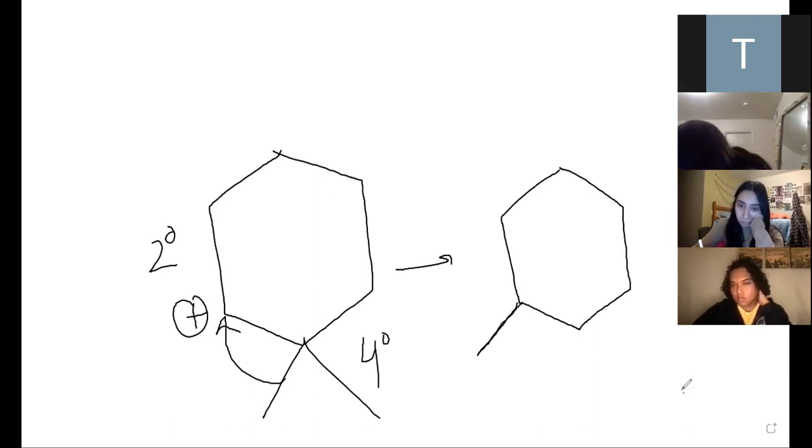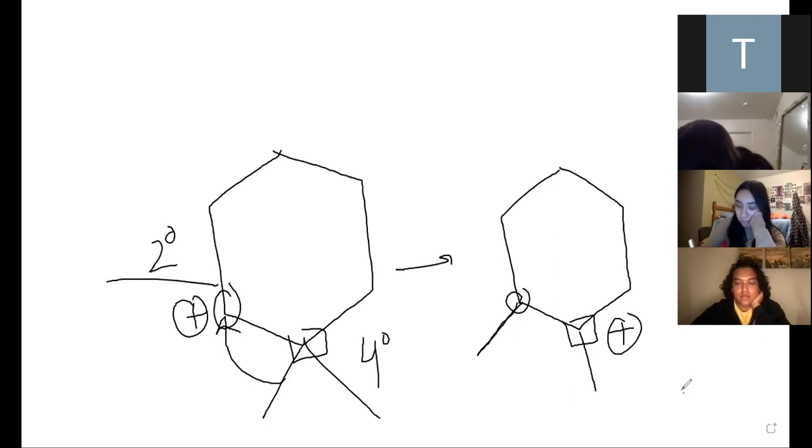This carbon here is this carbon here, but now it has a methyl. I added something to it so it no longer has the carbocation. The charge is gone. This one here, this carbon is this carbon here. It lost the methyl group, so now it's the carbocation. But where here it was a secondary, here it's a tertiary. And so since I did this methyl shift, I went from a very unstable secondary carbocation to a relatively stable tertiary carbocation. Does that make a little more sense?